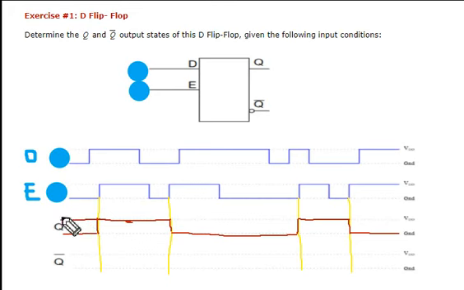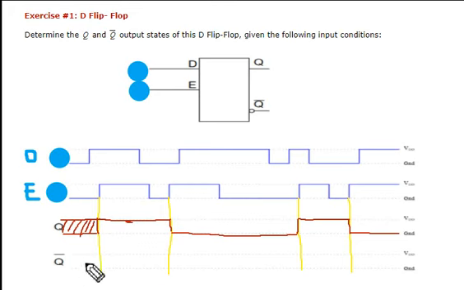There's a line at the high and the low, and then we draw dashed lines over here. This says that we can't determine the output state of Q in this area because there is no rising edge prior to this one. This is called the undeterminate state, where we cannot determine the output state of Q.